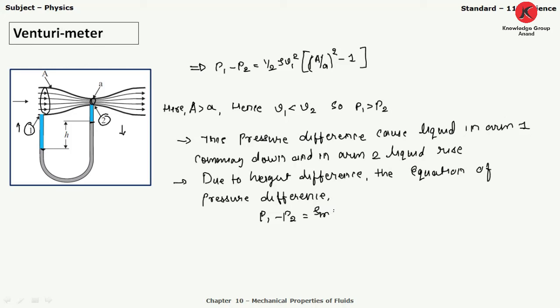Rho m g h, right? So this is the equation of P1 minus P2, rho m g into h.